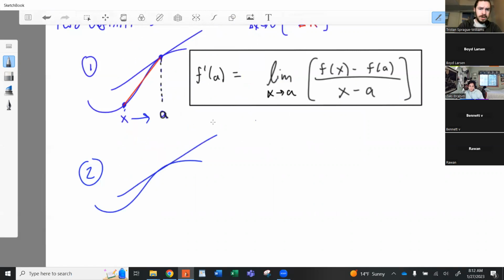In this version, we still got our a. We've still got our second point, our imagined second point over here, okay, with the secant line.